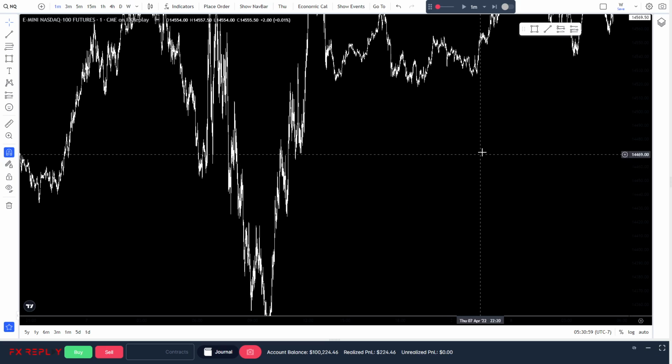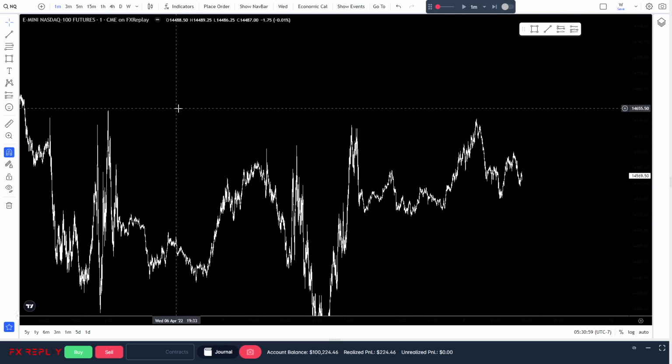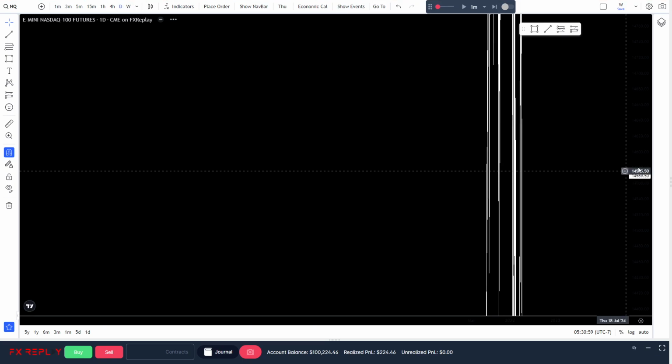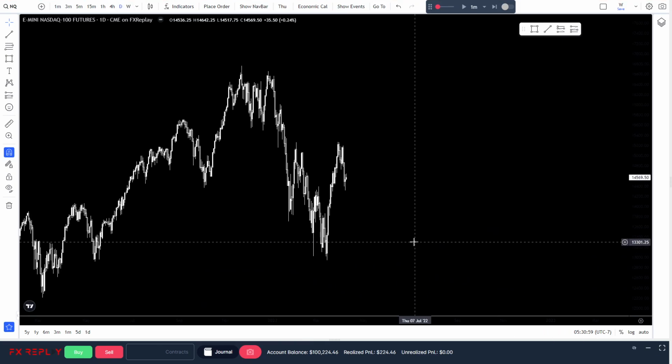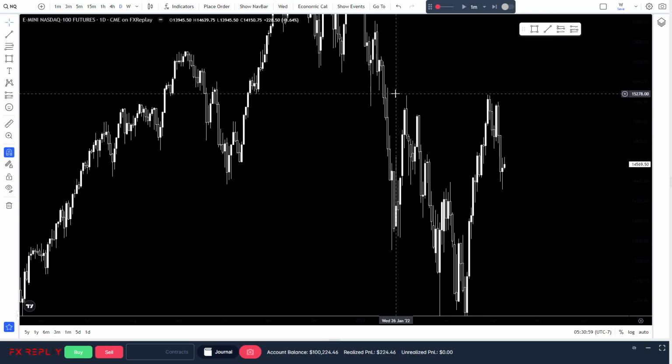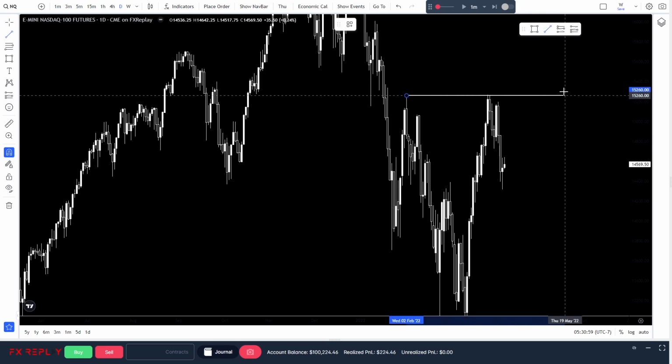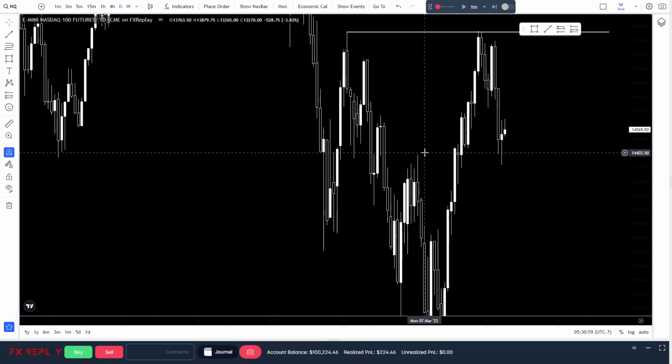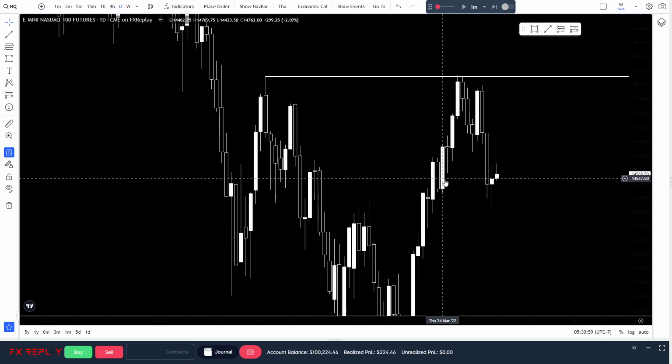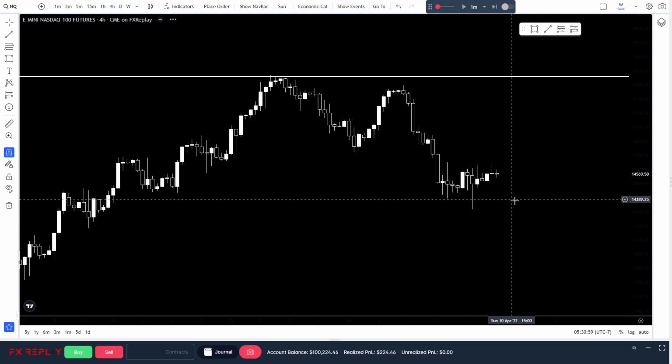Let's just get rid of the chart. I like to do this sometimes where I just get rid of all the drawings so I can have a fresh look at things. So what's the bias? I mean, we still have these. Still delivering from this order block, I suppose, on the daily.